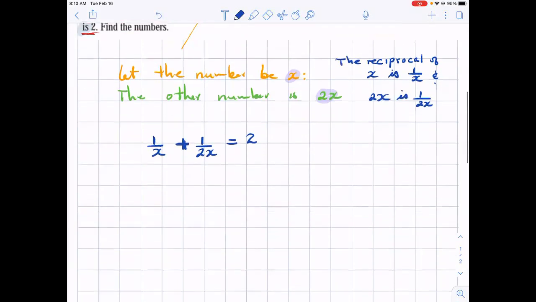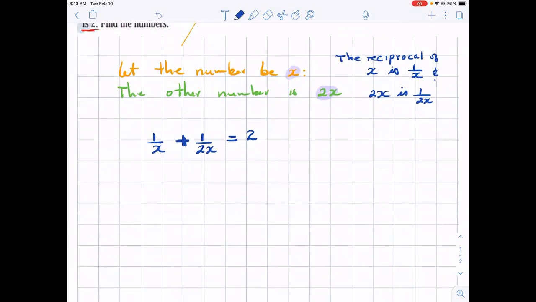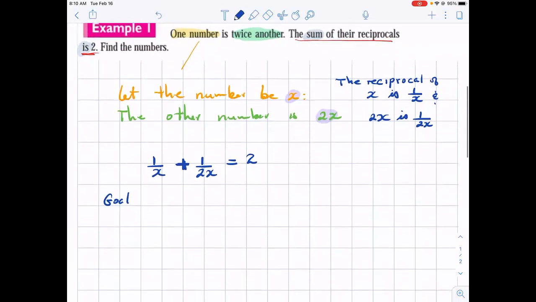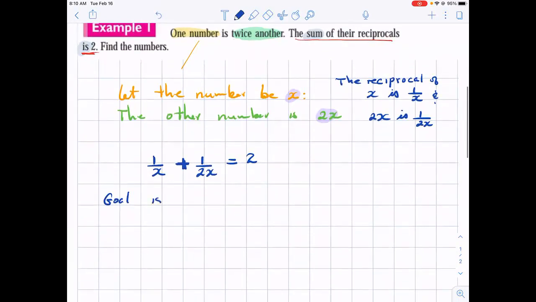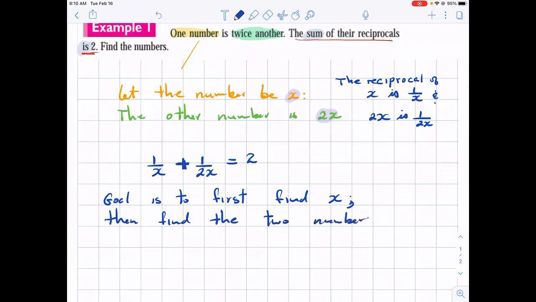So now we have to find our goal. Okay, this is to find the numbers. So the goal is to first find x, then find the two numbers. So that's our goal.